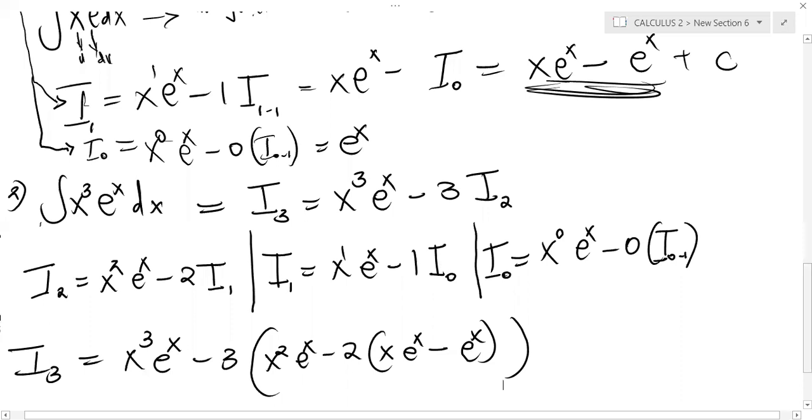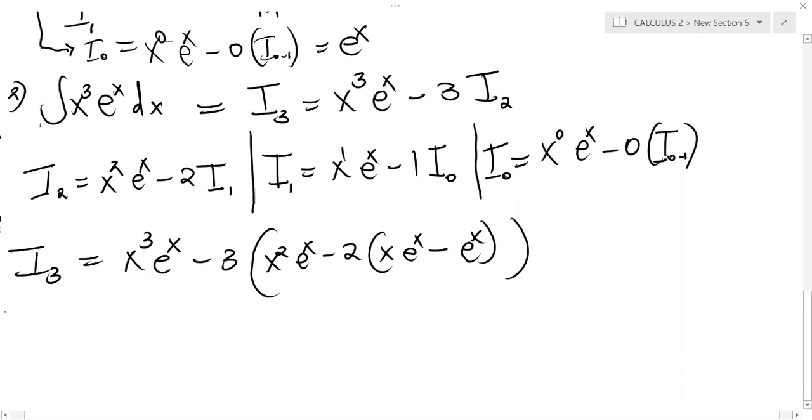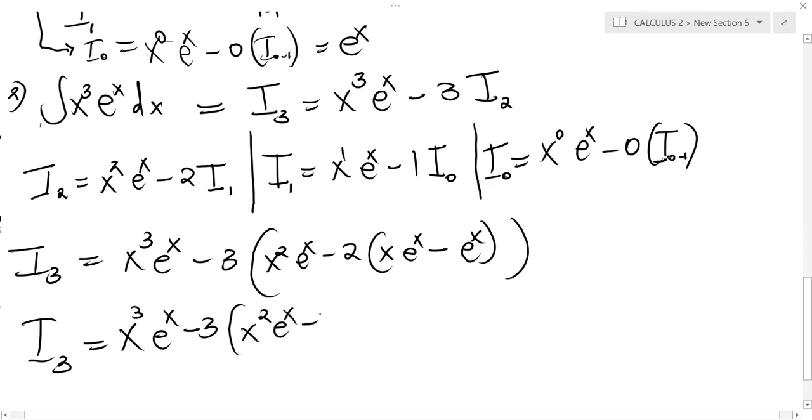So evaluating all that to get I3, we'll get that our I3 is equal to x cubed exponential x minus, if we open the bracket here. So first of all, we could just have it as this, and then we open this bracket. So this will be minus 2x exponential x, minus will give me plus 2 exponential x.